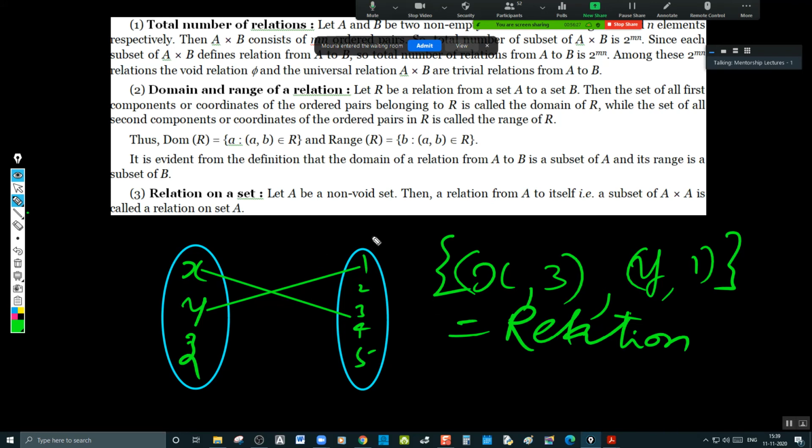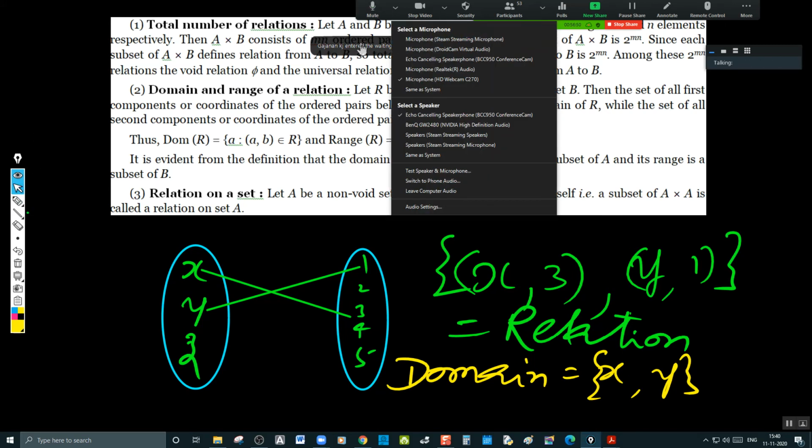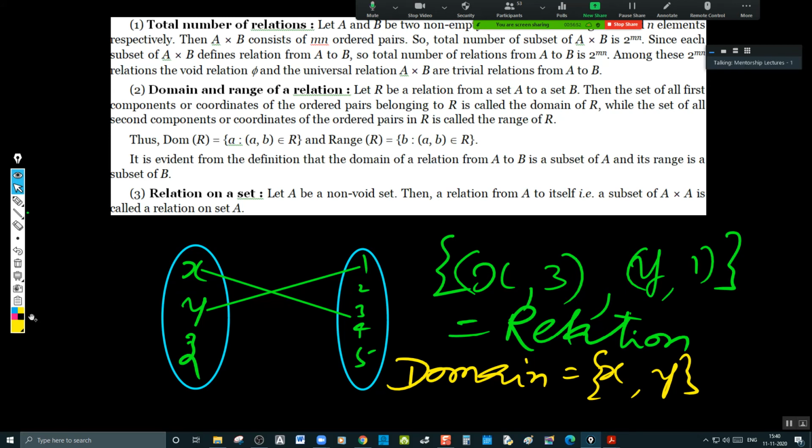We have not written A cross B here. And for this relation, what is the domain? Anyone, please? Only input we need: X and Y. Similarly, if you tell me the range also, it will be 3 comma 1.